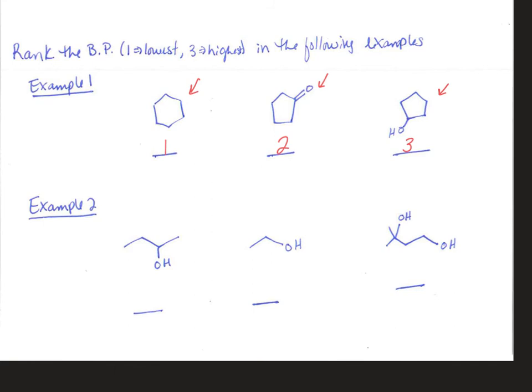For this guy, we have 2 carbons for 1 OH. That means the effects of this OH are kind of diluted in comparison to this one. So if you have a longer carbon chain, the hydrogen bonding is not going to be as effective in sticking molecules together. Now this one over here has 2 of them. I don't want you to worry about this right now. We'll come back to that later though.